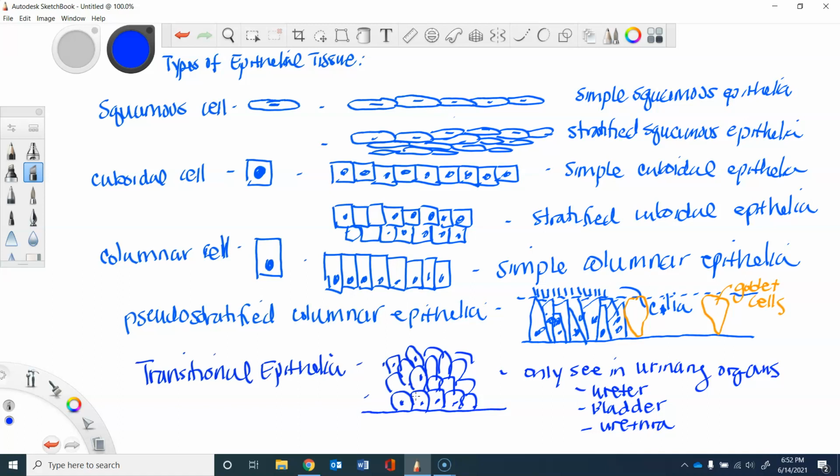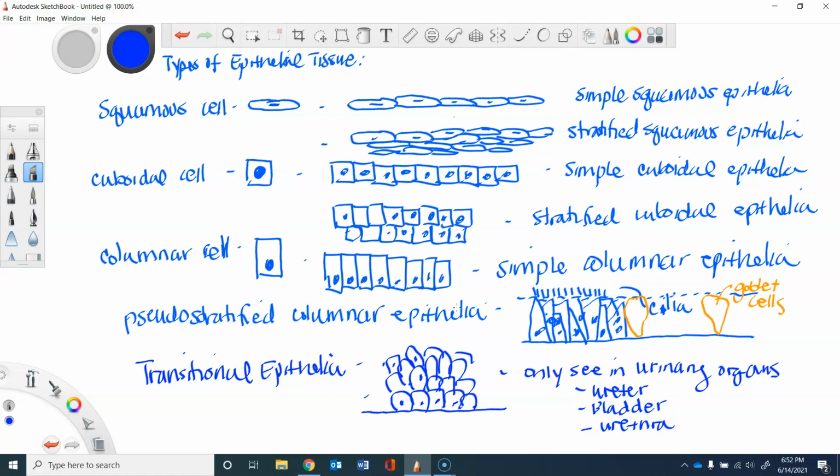But as your bladder fills, then they start to stretch out. But as soon as you empty your bladder, they snap back to being all bubbly again. Okay? So those are all the epithelial tissues that you'll be responsible for.